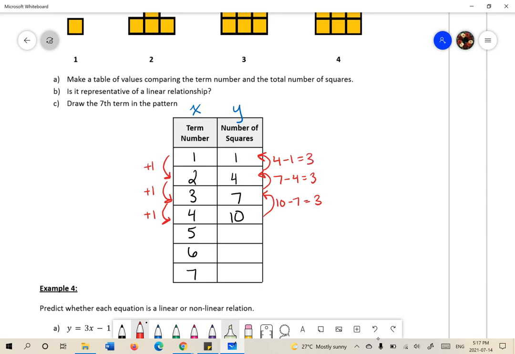And my first differences are constant. Since my first differences are constant, therefore, this is a linear relation.